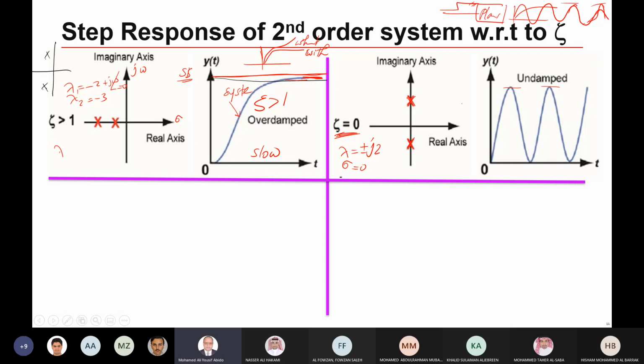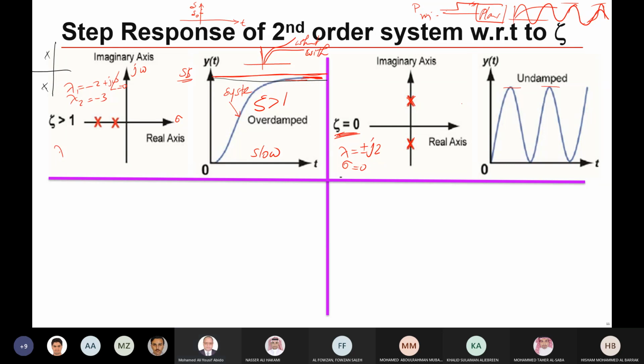For example, Nasser, if you are talking about a power system, assume that this is the synchronous machine and this is the mechanical power, P mechanical. If you apply P mechanical to the system, you know the case for the power angle and the time. You can see here, this is delta 0, the initial.